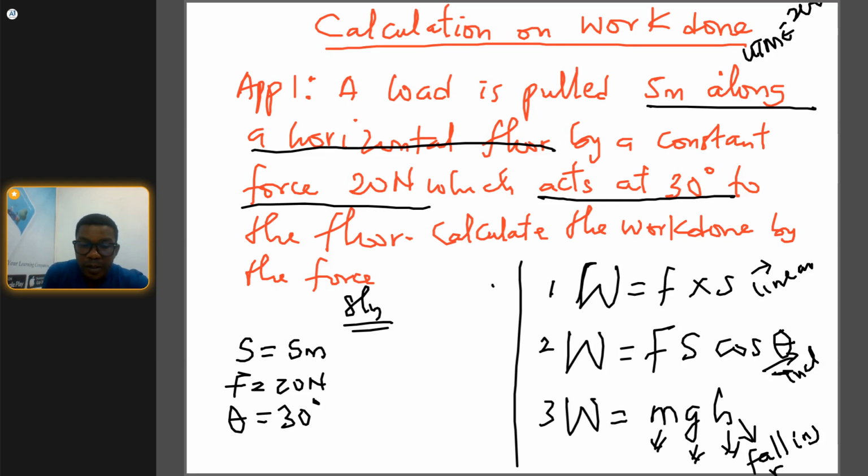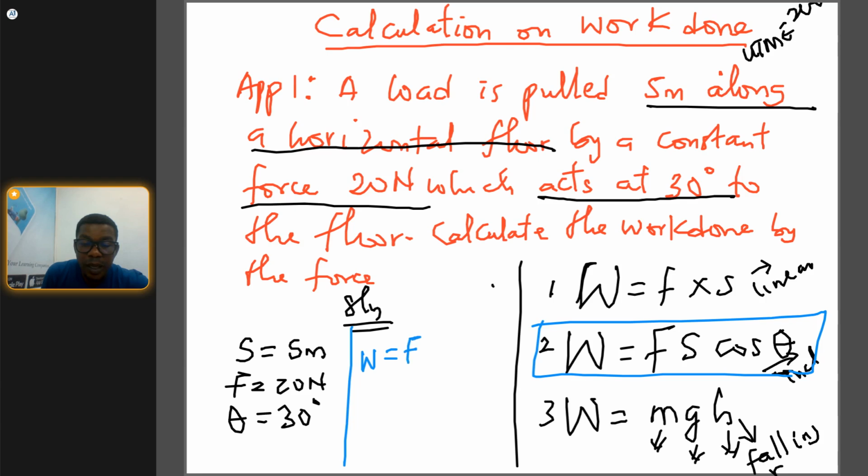Looking at the parameters, we have F, we have S, we have theta. So we are going to use the second formula. My work done equals F S cos theta.